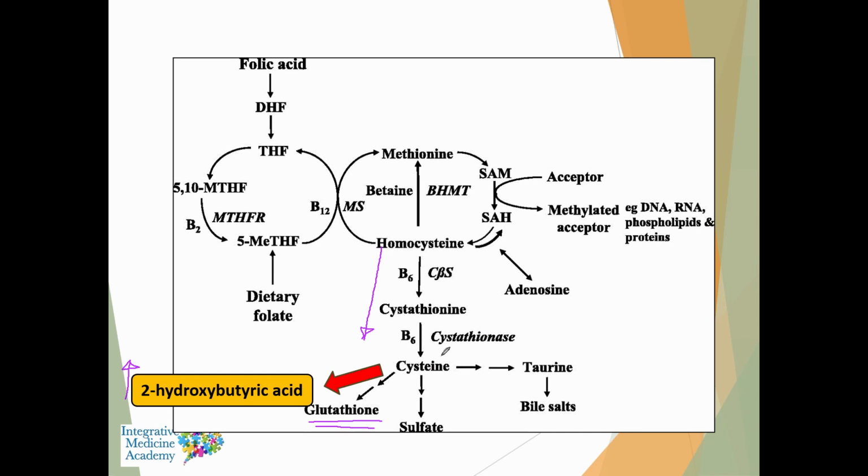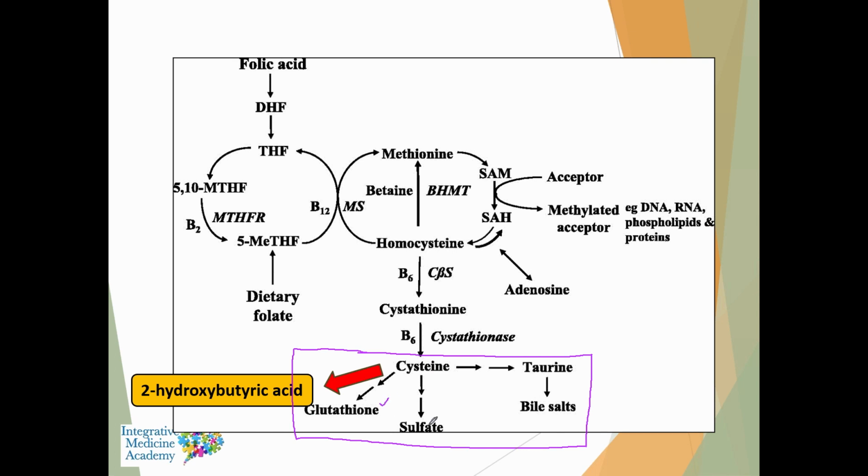It may be that what's happening biochemically is a little bit more broad spectrum than that, which means that we could possibly see 2-hydroxybutyric elevated just because of an increased need for detoxification substrates within the liver.